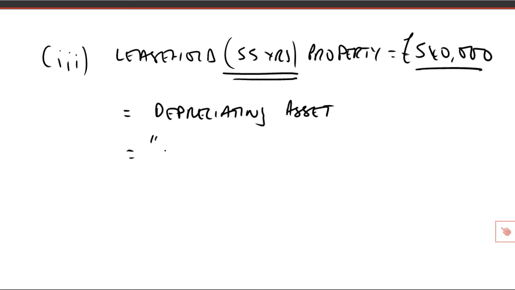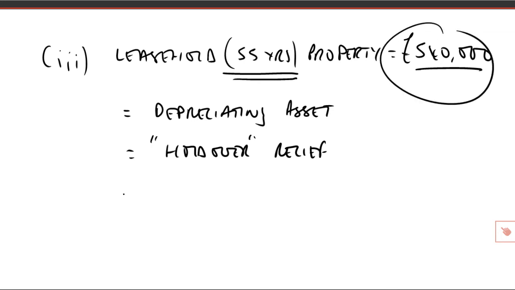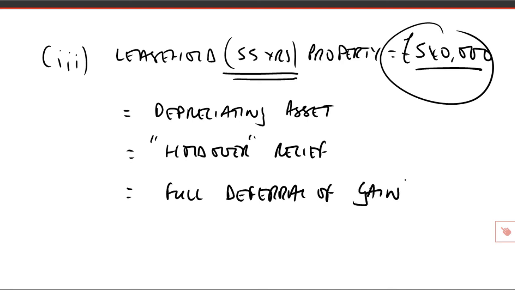which equals, now again, I use this term and other writers use it, they may simply refer to rollover again, but it's holdover relief that is available. Inasmuch as we sold for 500 and bought for 540, it equals full deferral of gain.